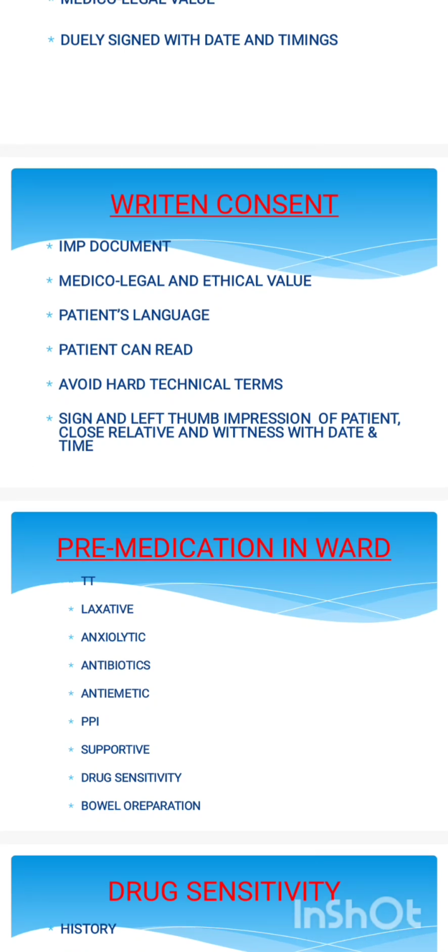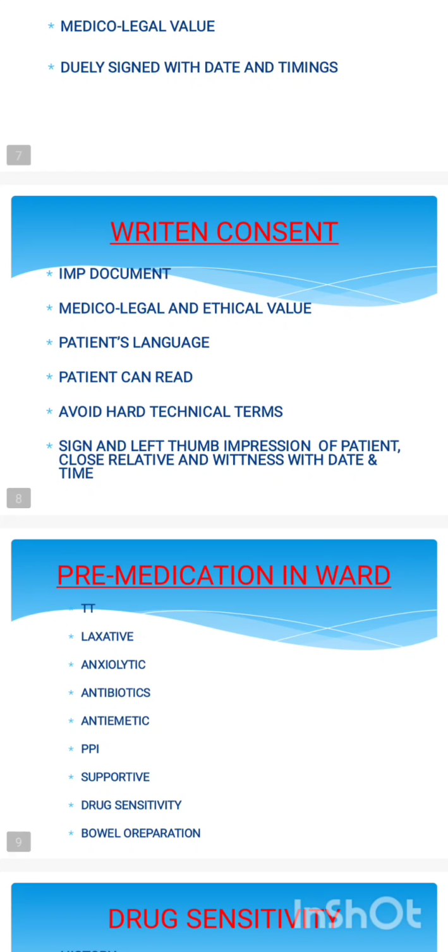The patient should read before signing the written consent. Avoid hard technical terms. Written consent should be signed by the patient with left thumb impression, also the impression and sign of a close relative, and a witness, with date and time.